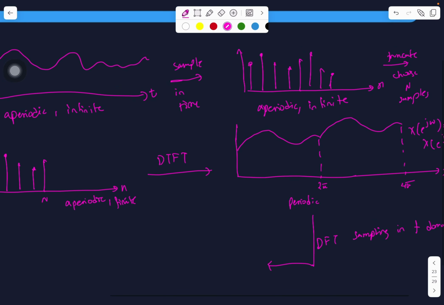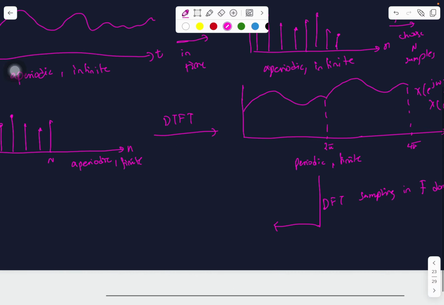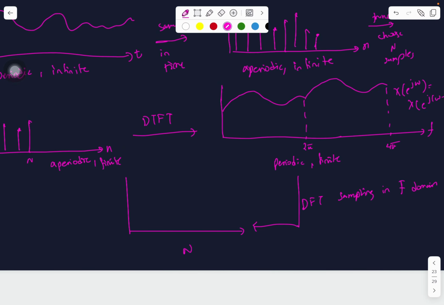Then the signal is going to inherit the periodicity from the DTFT, but it becomes discrete and periodic. And its period is going to be N because we sample at N equally spaced intervals. I'm not sure if this is accurate, but let's say something like this.